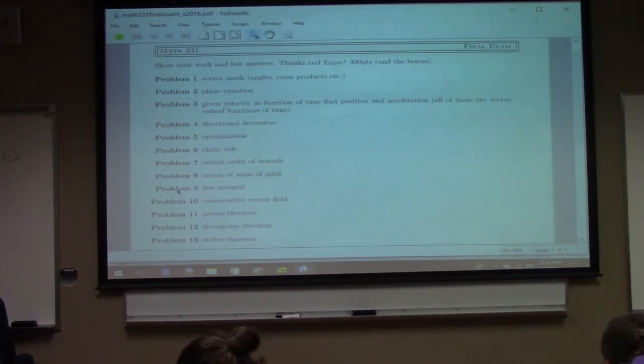Unless I do what? What else do I need to tell you in order to find the position? Initial velocity, no. I can tell you the initial velocity is 0, 1, 1. But you got the right idea. Initial position, or at least position at some time.